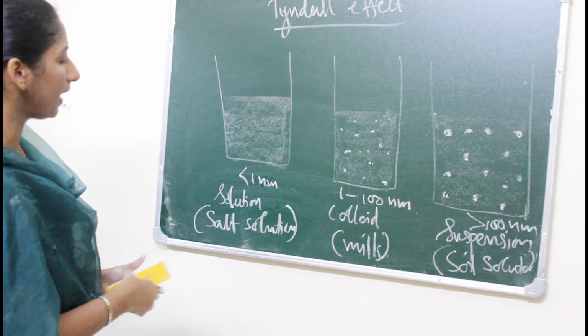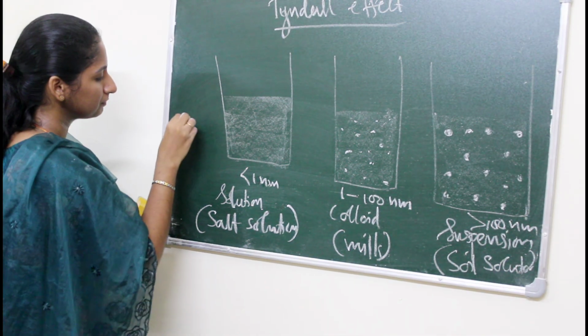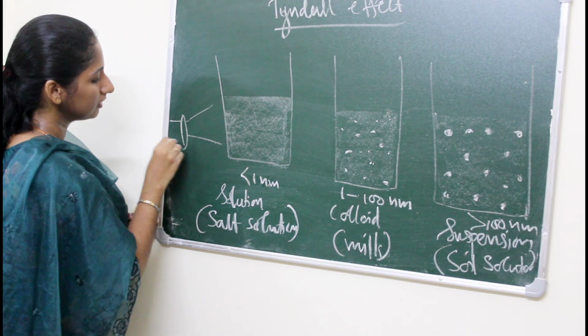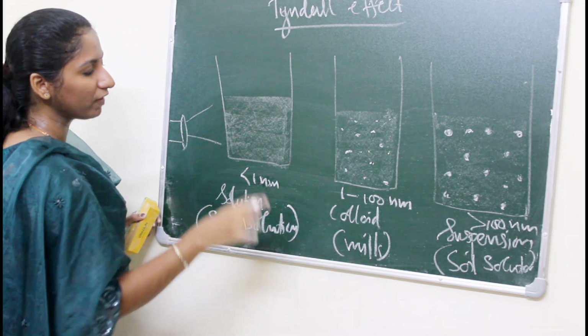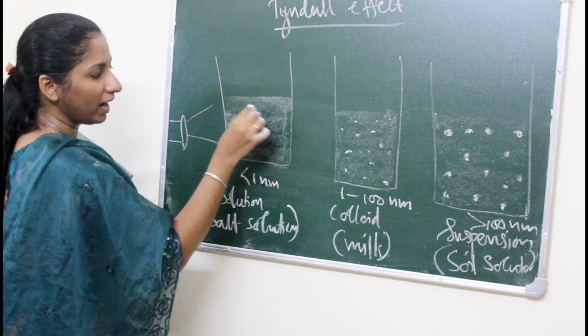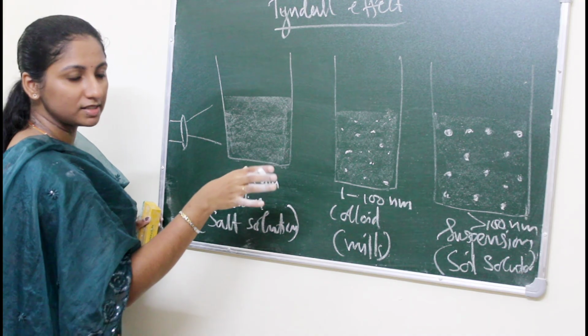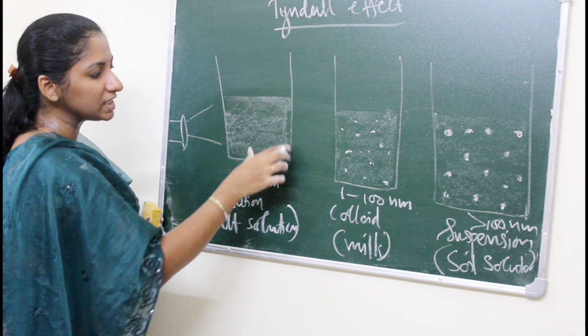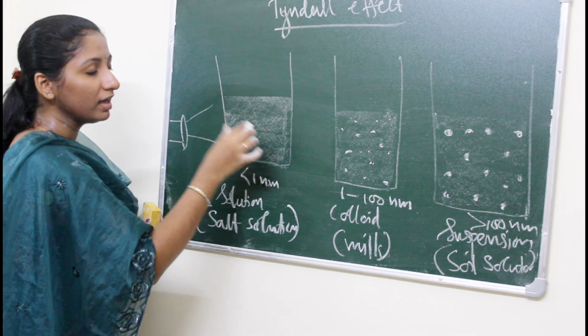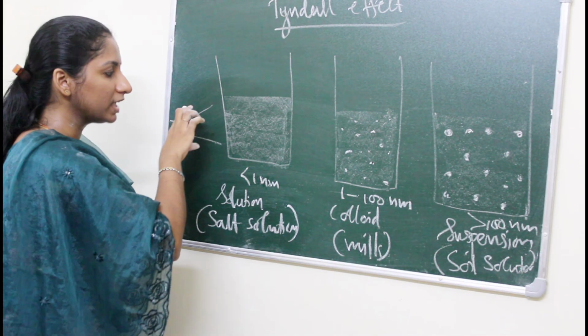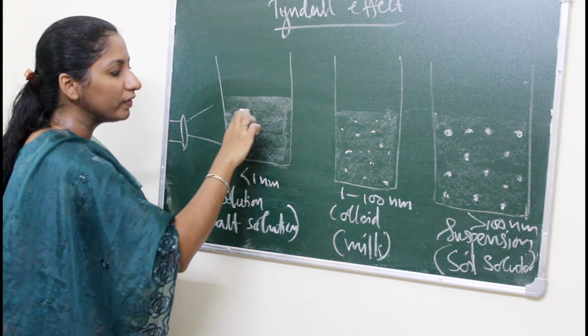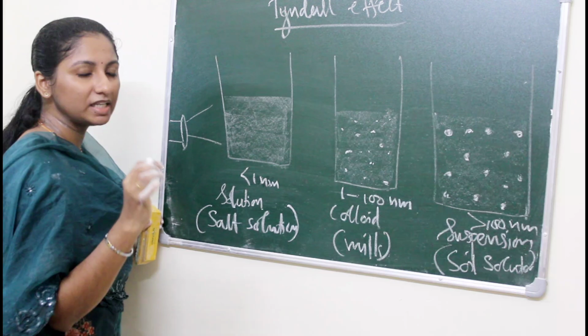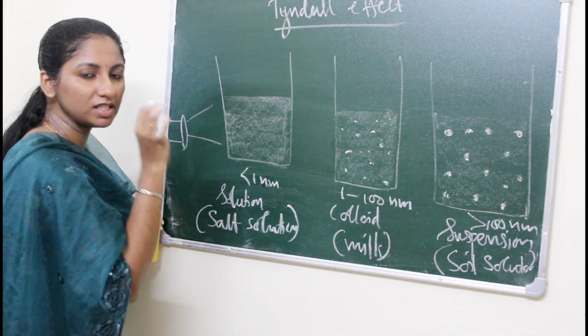Okay. So when we are passing a beam of light through this solution, what will happen? The particle size within the solution is less than 1 nanometer, right? So we can't distinguish the particle by naked eye. And if you are passing a beam of light through the solution, we can't see the particles within the solution.